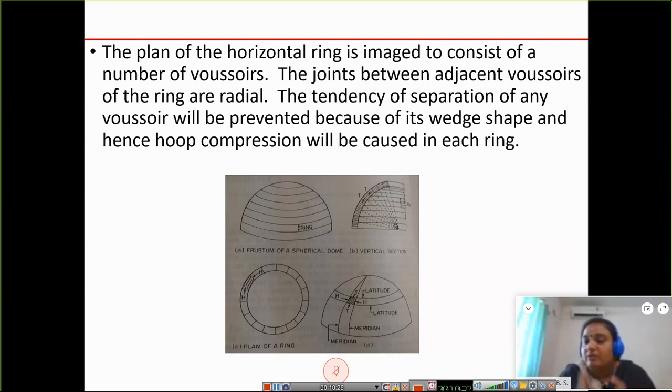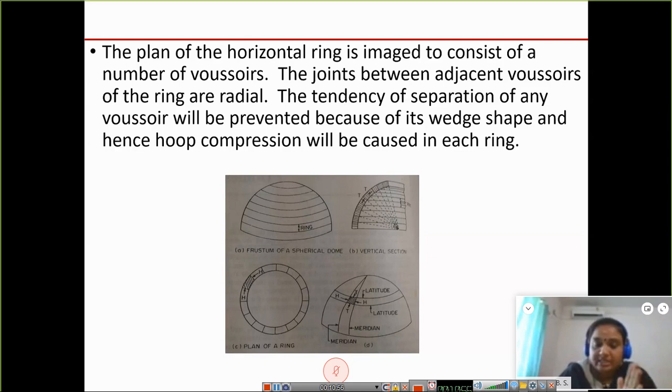So because of that, what will happen? This will create a kind of hoop compression, right? And why is this happening? This is actually happening because of the weight that is coming in the meridional direction, and this hoop compression is an effect of that.